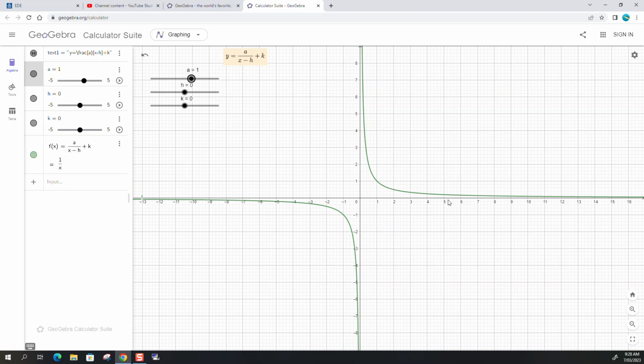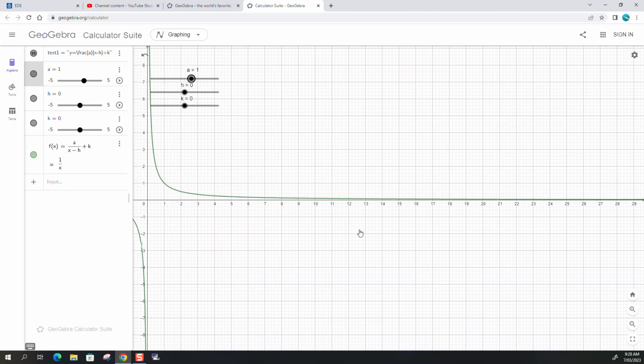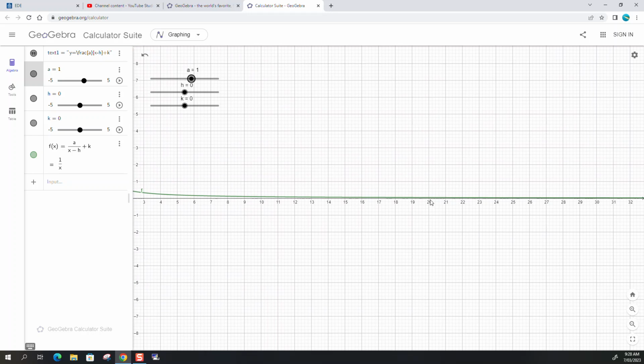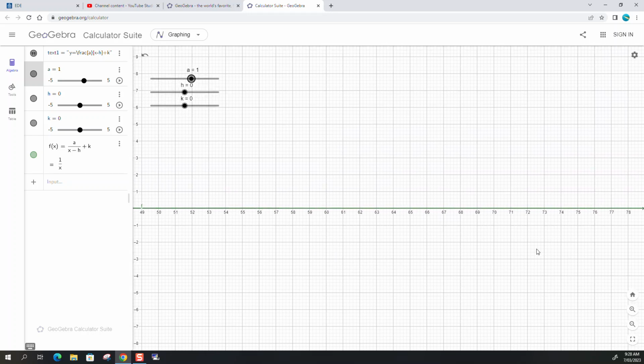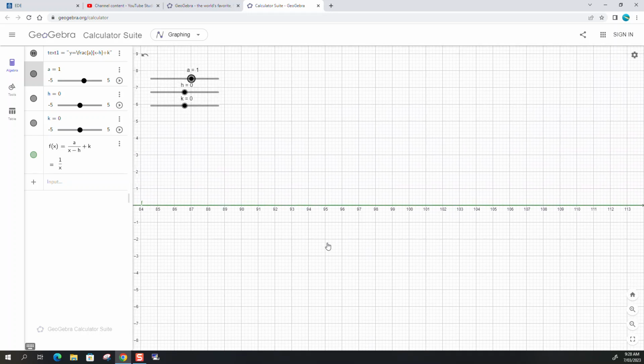Now, as I continue going to larger and larger values of x, like say x equals 10, the y value is 0.1. If I move across to x equals 20, 1 over 20 is 0.05. If I went all the way out to x equal to 100, then the y value is 1 over 100 or 0.01.